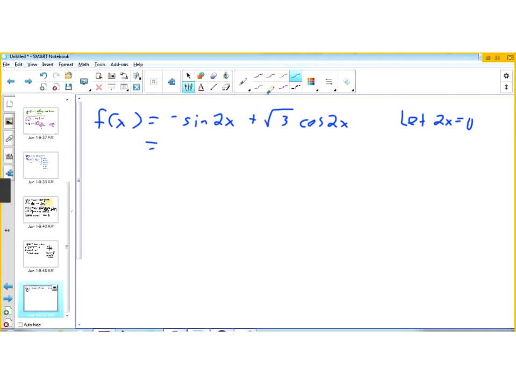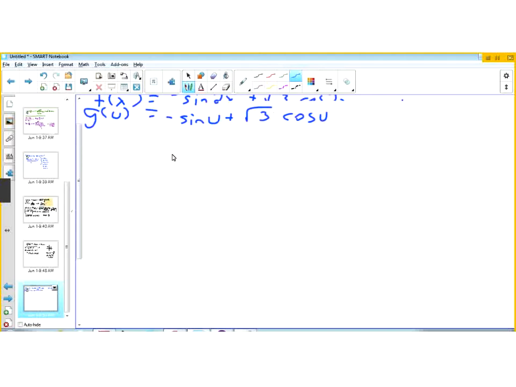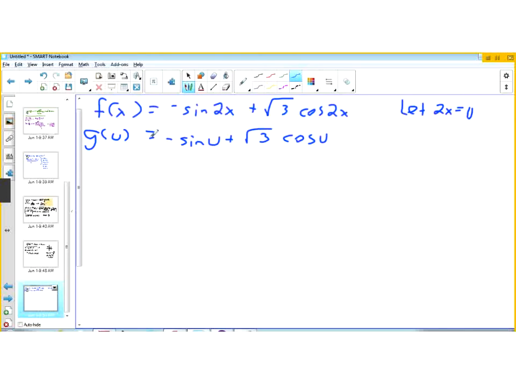And so our function, we'll let g of u be a new function that would equal minus sine of u plus the square root of 3 times the cosine of u. Okay, so that'll be a temporary transform, and then we'll come back to f of x once we simplify g.